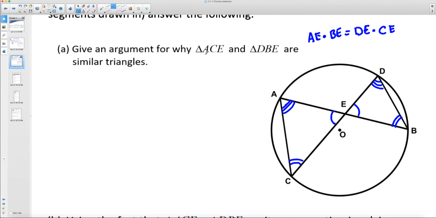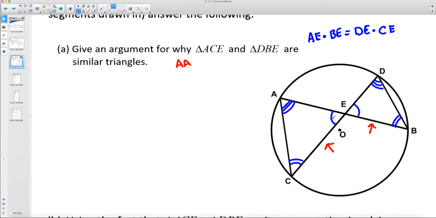Now, these triangles are similar by angle-angle, and if triangles are similar by angle-angle, then their corresponding sides are in proportion. So I can set up a proportion. Side CE is going to correspond to side BE.